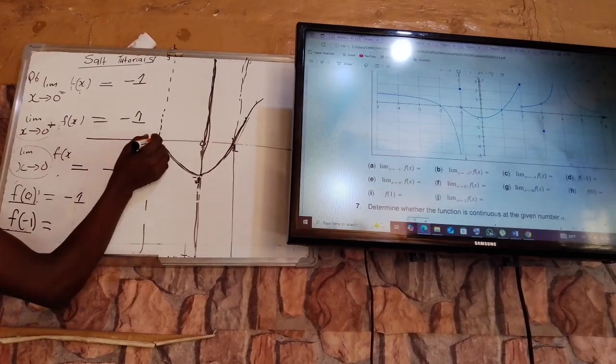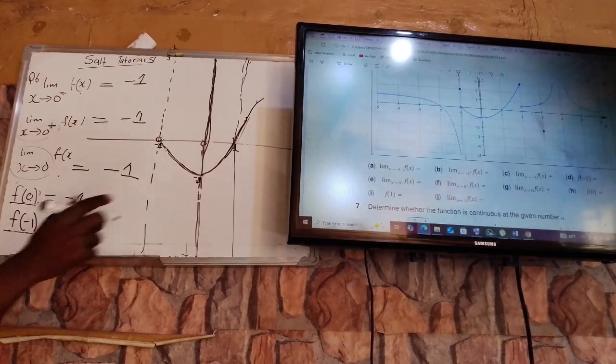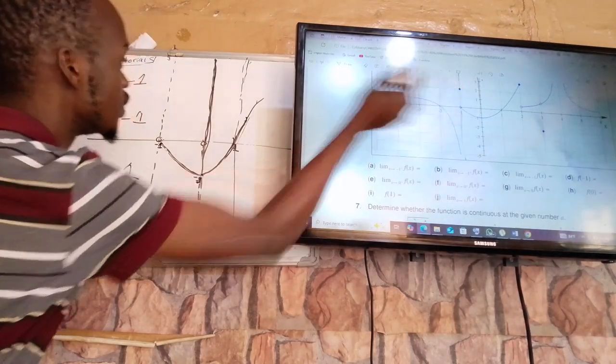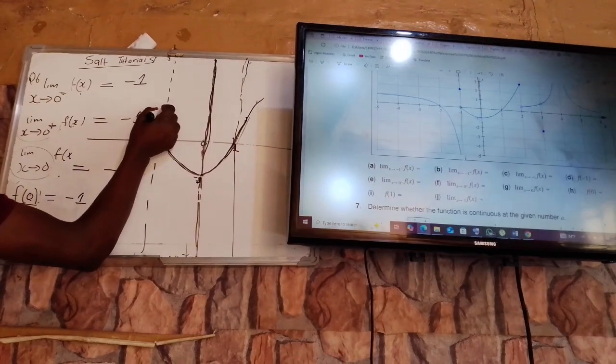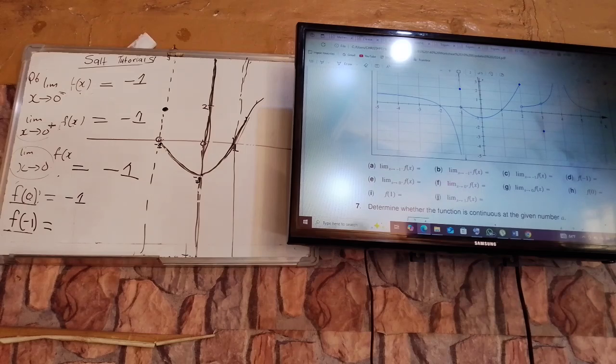Here it is not shaded. It means that this is not the evaluation of f of -1. So the evaluation is here at that particular point, which is shaded, which is at 2. So it means that f of -1 will be at 2.